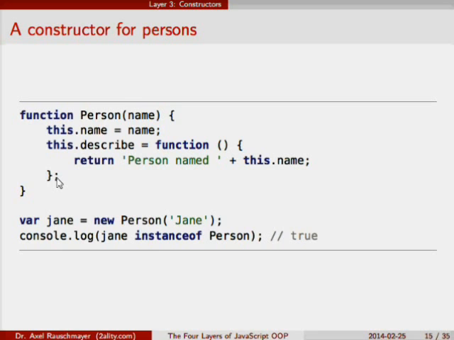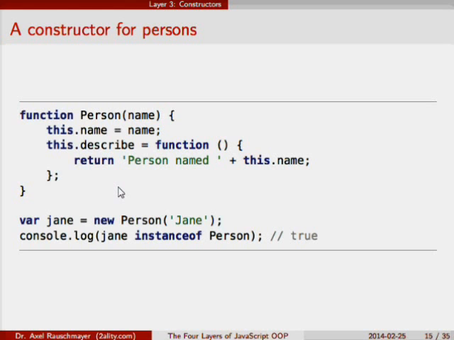The way you do that is you create a normal function, but you don't invoke it via a function call. You invoke it via the new operator. Functions play several roles. One of the roles in JavaScript is a normal function that you call, and another role is constructor. And the new operator enables the role constructor.